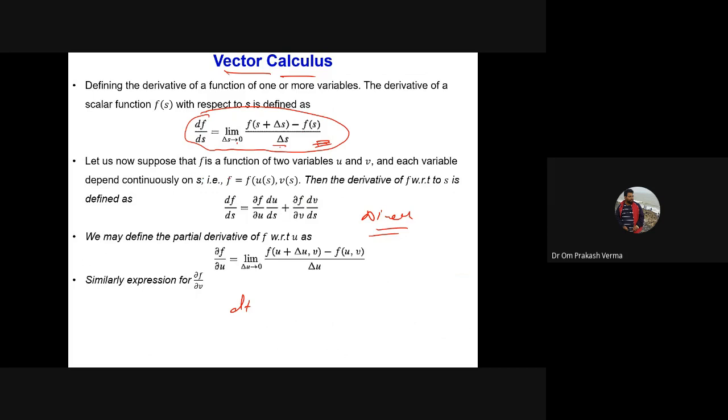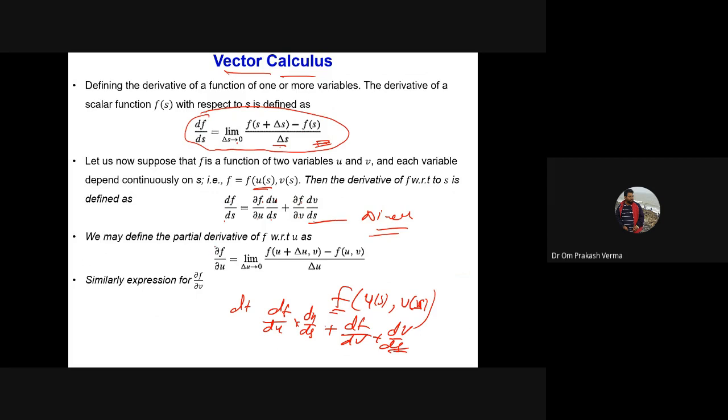And as per the chain rule, df by ds equals df by du into du by ds. Similarly, df by dv into dv by ds, if f is a function of u(s) and v(s). So we can write this using the chain rule as df by du into du by ds plus df by dv into dv by ds, right?